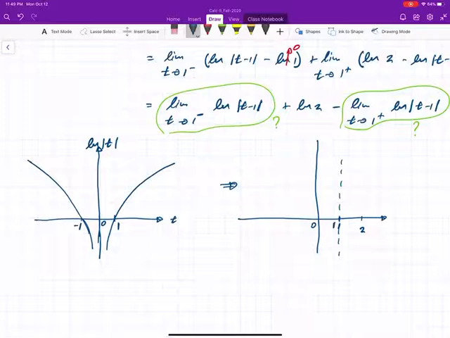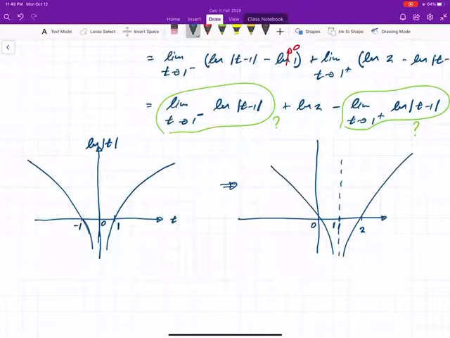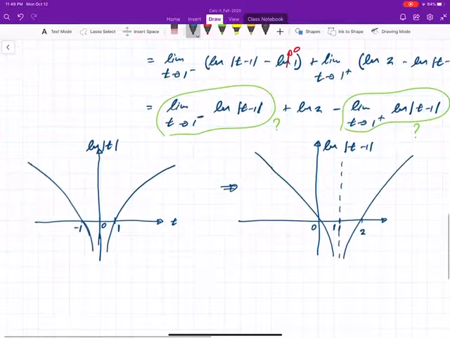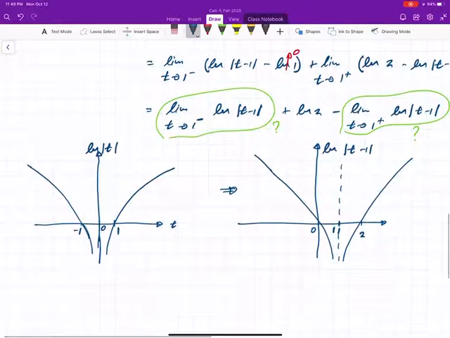So the curve should look like this. That is ln absolute t minus 1. Now I'm going to use these two curves to determine the green parts.